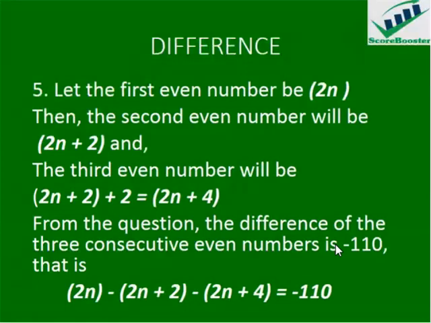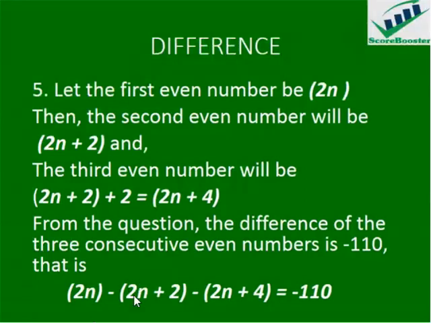Minus 110. So that is this minus this minus this will give minus 110. Like we did in the previous example, we open the bracket with this sign. This is minus 1, minus 1. So if you really understand what we've been doing in the previous questions, this is 2n, this plus 1 multiplied by 2n, you still have a 2n back.